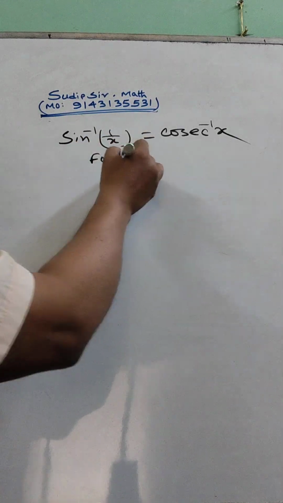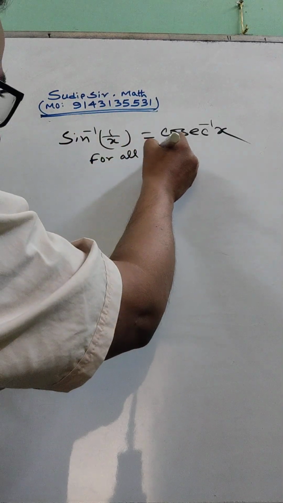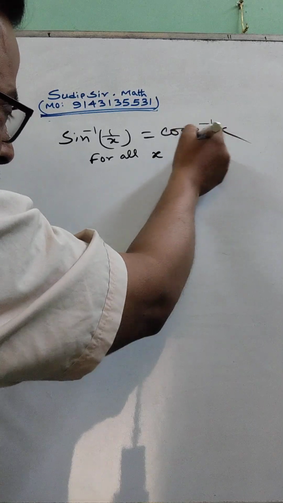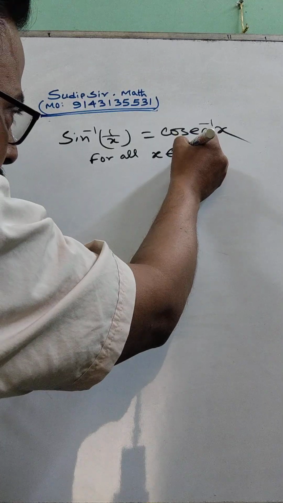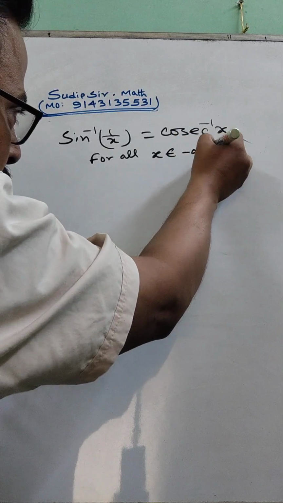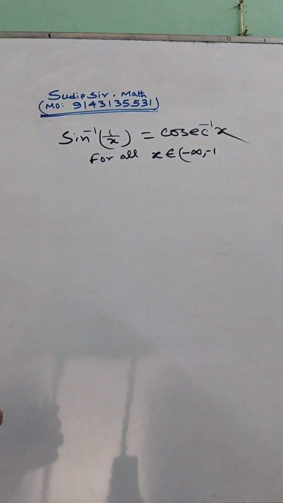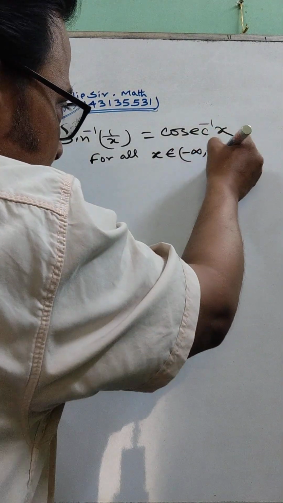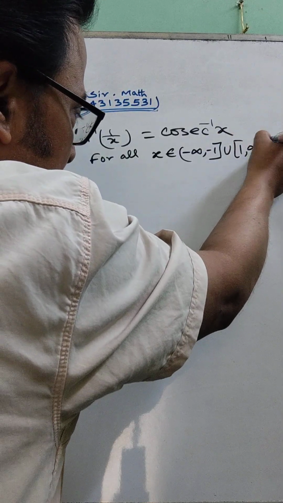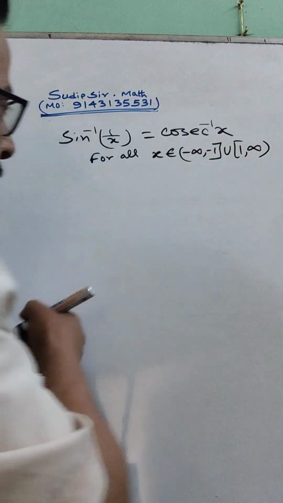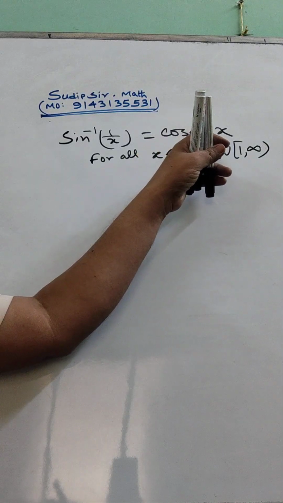For all x, 1 by x, 0 cannot be included, for this domain: x belongs to minus infinity to minus 1, union 1 to infinity. Then only you can do this.